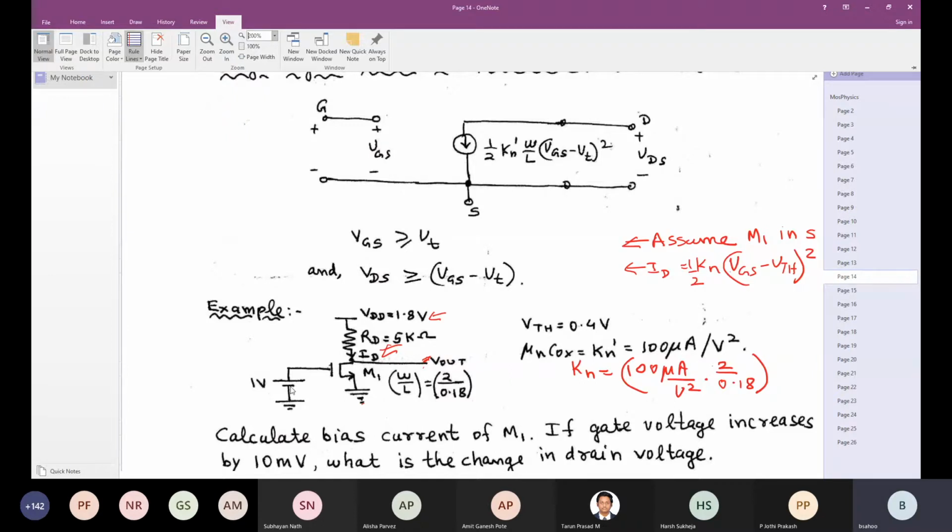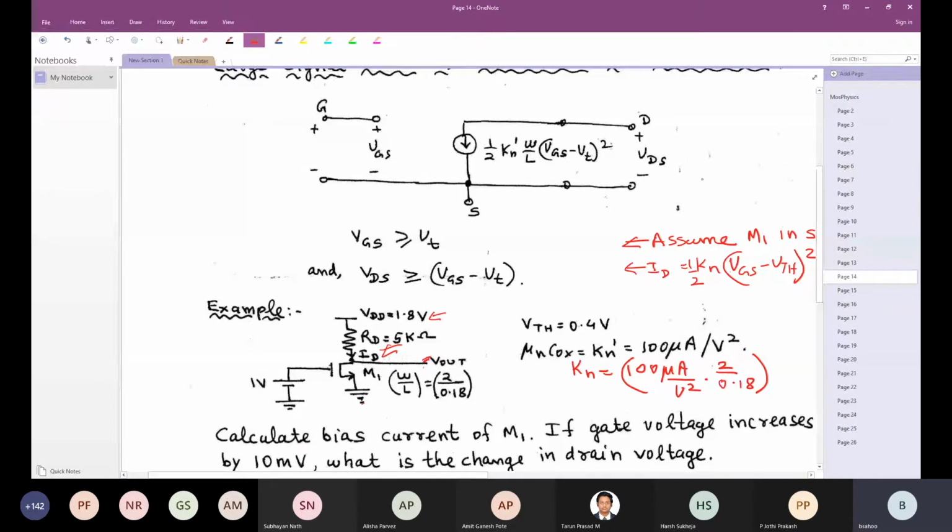So if you have a voltage in and voltage out and you want to realize that using a transistor, it is a two-step process. Voltage to current conversion, and then current back to voltage conversion. Your voltage to current conversion is done through the transistor.